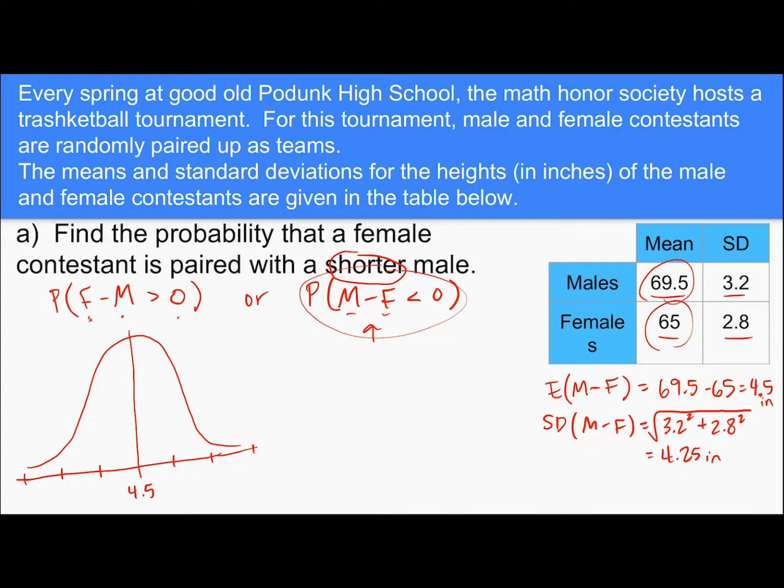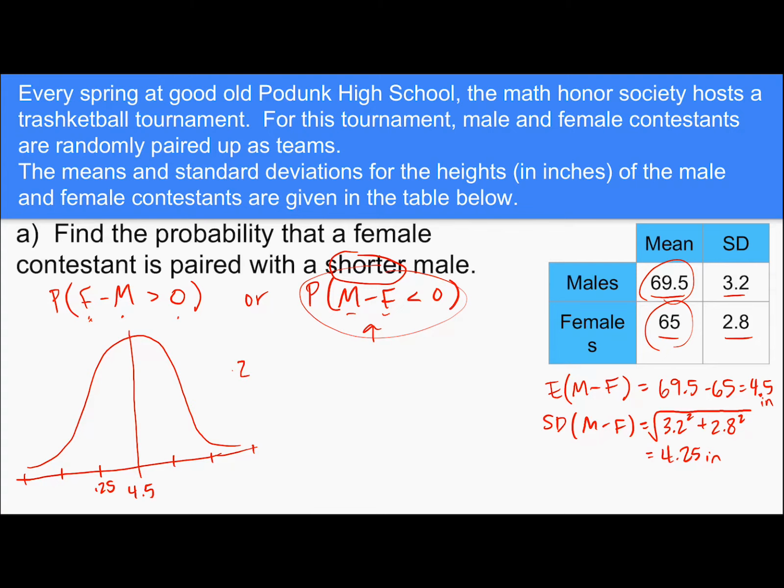Don't be concerned. If we go 1 standard deviation, we're already at 0.25, which means going 2 standard deviations to the left is going to be into the negative. But that's okay, because remember, we're talking about a difference in heights. So sometimes when you subtract 2 heights, you're going to get a negative number, just depending on which way you subtract it.